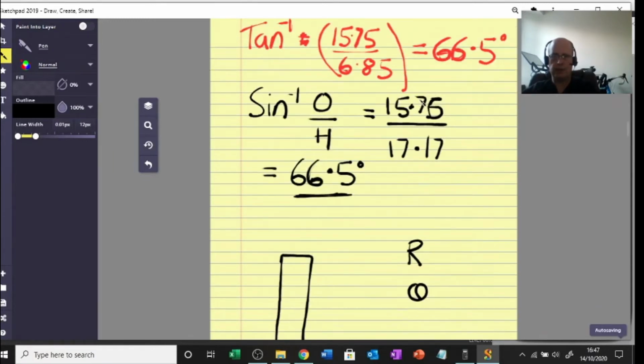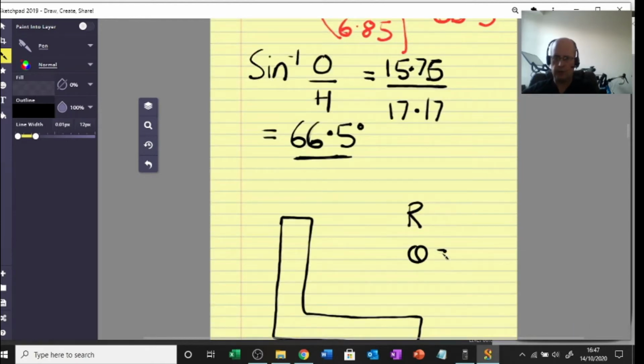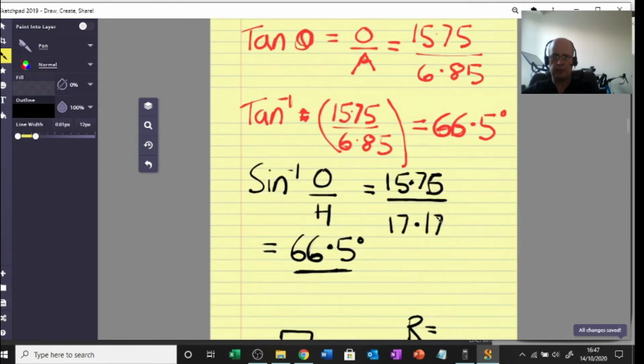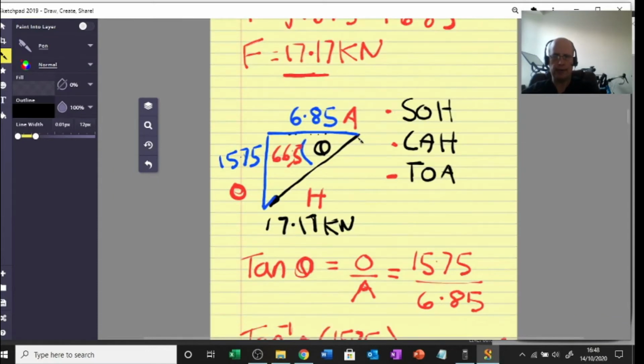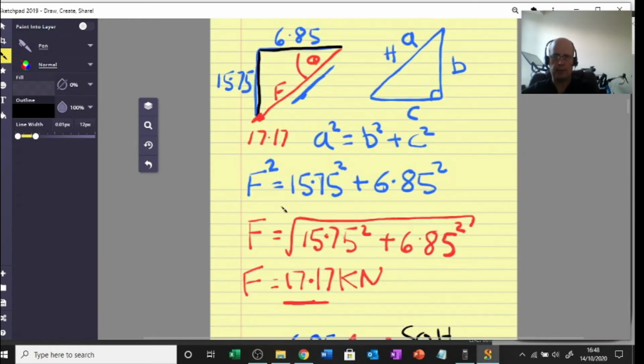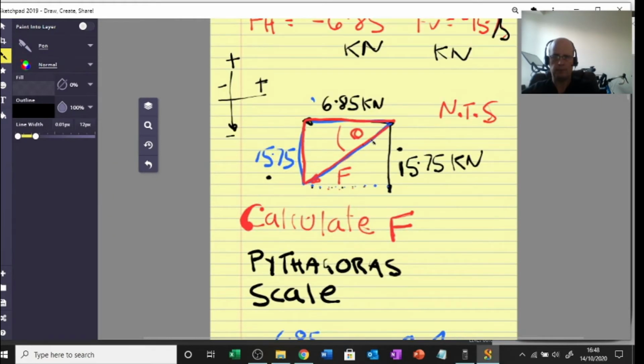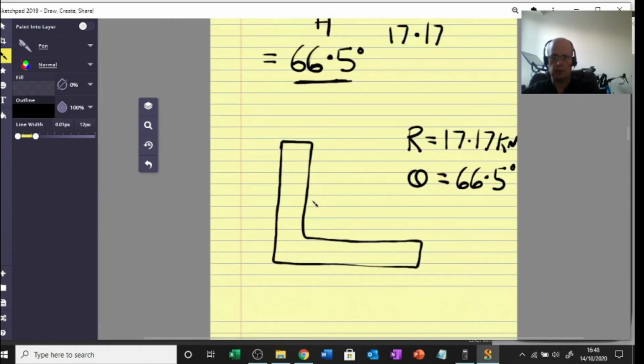The angle was 66.5 degrees, and the resultant force was 17.17 kilonewtons, coming down like that, southwest type thing.